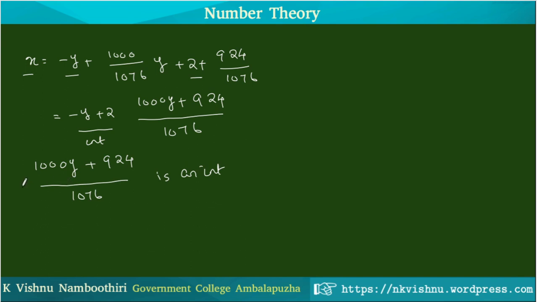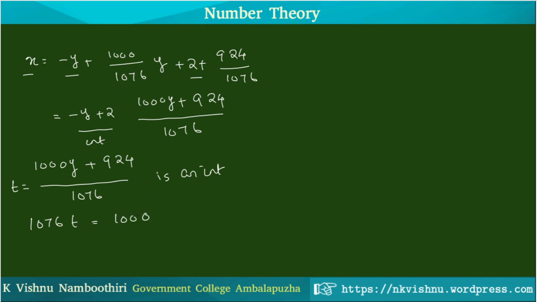Suppose that we are calling it t. Now we multiply this by 1076, so 1076 into t is equal to 1000.